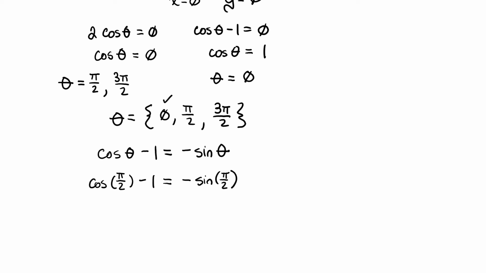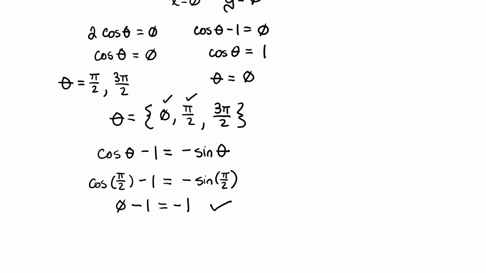So cosine pi over 2 minus 1 equals negative sine pi over 2. Well, cosine pi over 2 is equal to 0. Remember, you're on the y-axis if you're at pi over 2 radians. So cosine is 0 on the y-axis, minus 1 equals negative sine of pi over 2. So sine of pi over 2 is 1. So 0 minus 1 equals negative 1. So that also checks out.